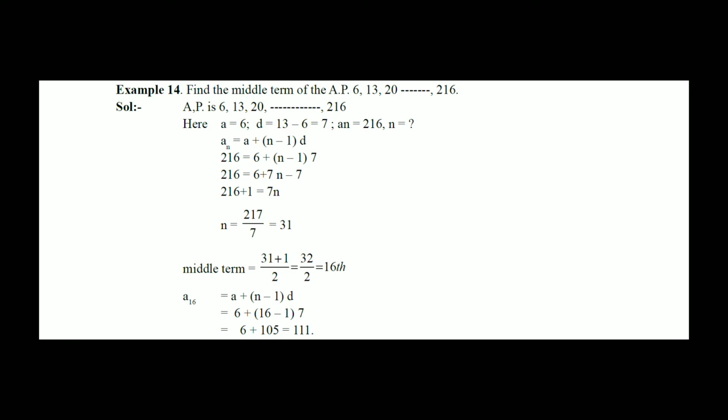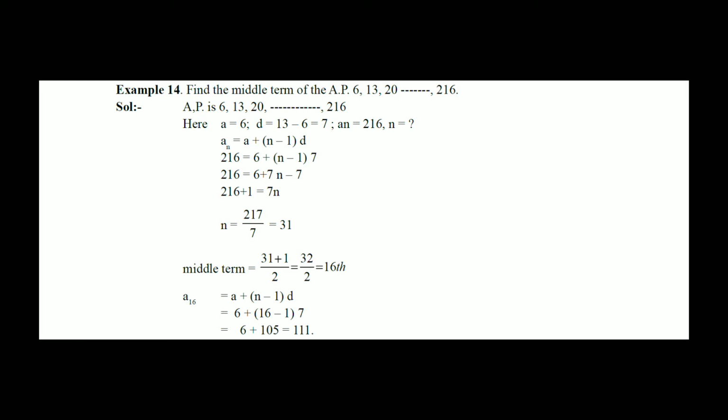Now opening up the brackets, 7 multiplied by N, 7N, 7 multiply 1, 7. Our equation becomes 216 is equal to 6 plus 7N minus 7. 6 minus 7 gives minus 1, that goes to the other side towards 216 and becomes plus 1, and 216 plus 1 is 217.